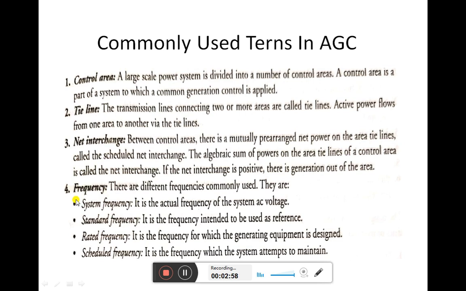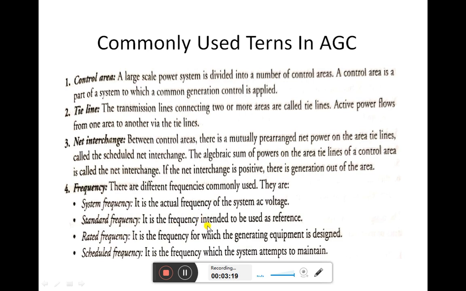Then the frequency. There are different frequencies commonly used. First one is the term system frequency. It is the actual frequency of the system AC voltage, that we refer to as the system frequency. Next is the standard frequency.